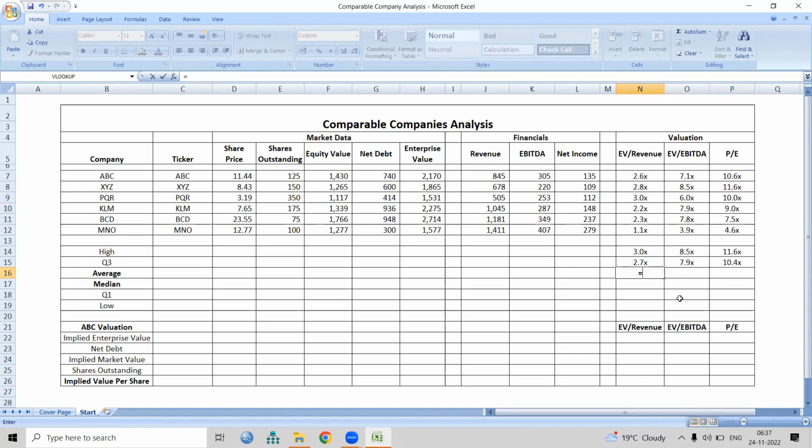Let's find out the average now. Equals, how do you find out the average? This equation is equal to AVERAGE. Open the bracket. Select the range. Close the parenthesis. Enter. Drag it to the remaining cells. We have calculated the average value.